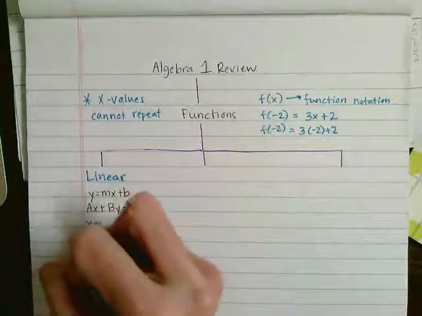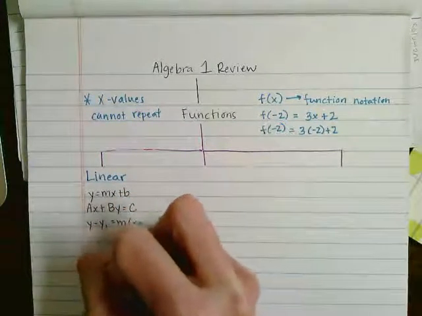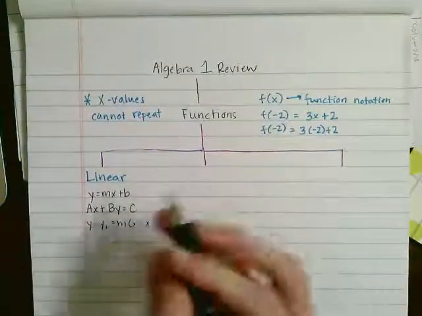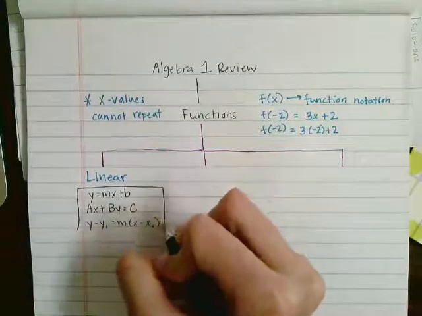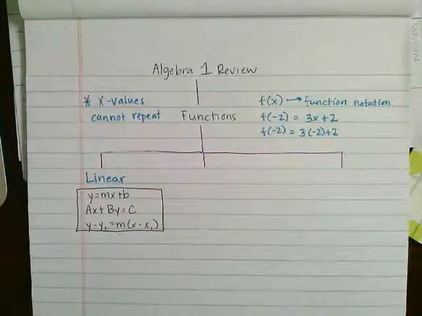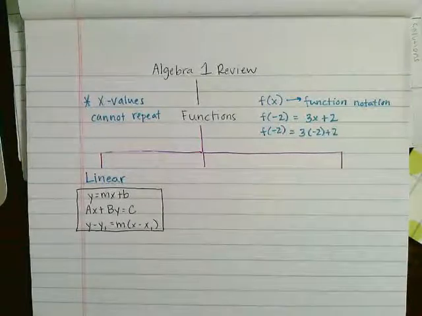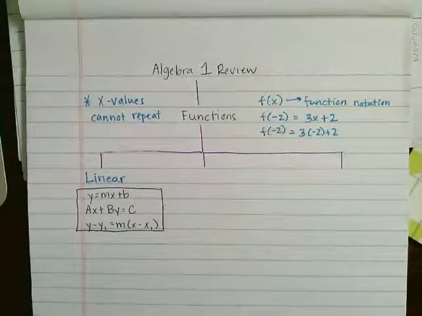And then you have y minus y1 equals m times x minus x1, and that is your point slope. You will have all of these on your reference chart of your EOC. So I'm not too worried about whether you can memorize them or not, because they are given to you.